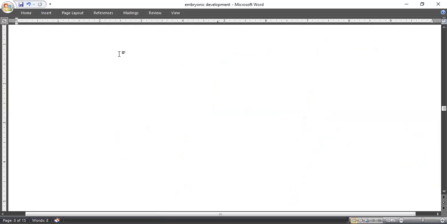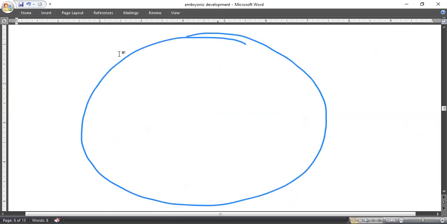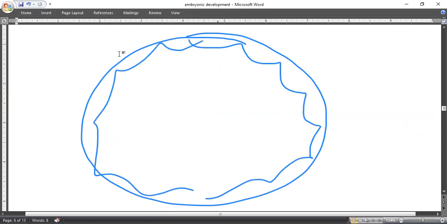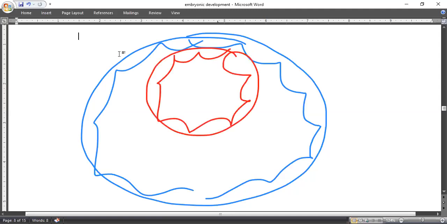After that, the embryo becomes disc-like and much expanded. We call it discoblastula. Here, delamination occurs, which results in the formation of two layers: epiblast and hypoblast.